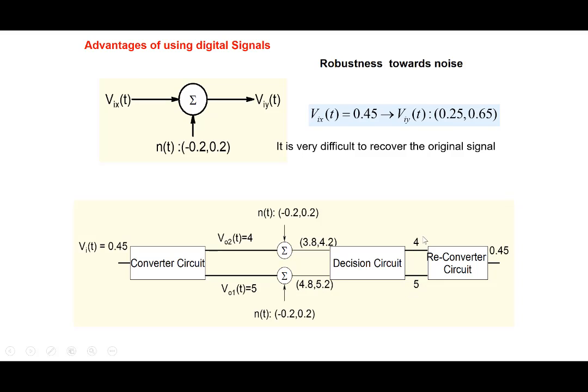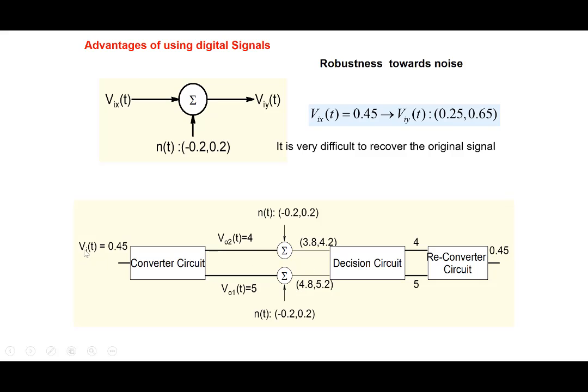And then we can combine them together. This converter circuit took an analog signal and split it up into a 2-digit digital number. Now we can convert it into an analog number again, with a reconverter circuit, which is the inverse of this one, and we get back 0.45.